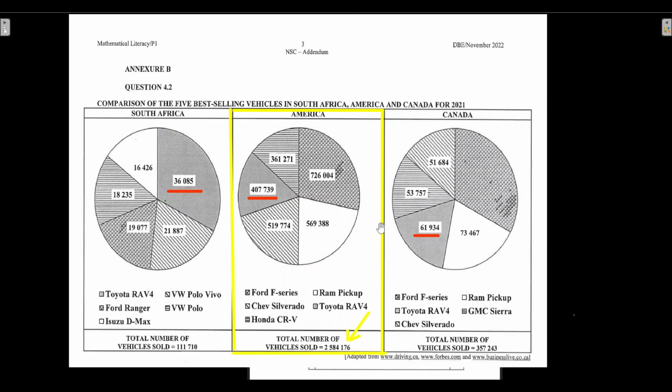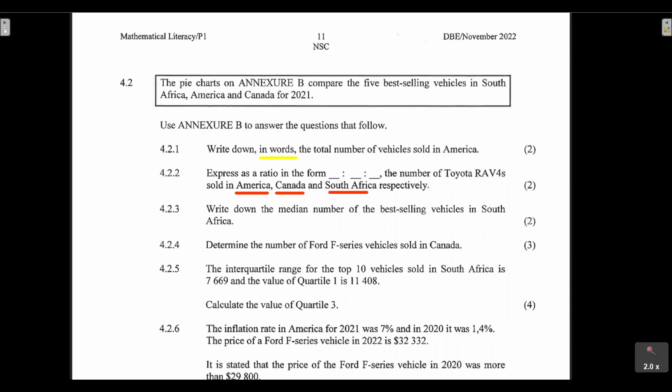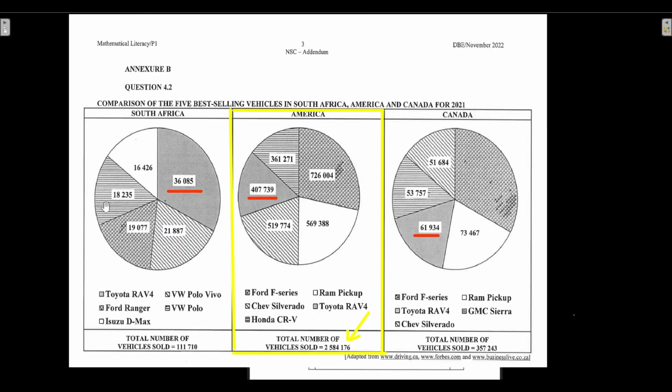In this case, because we want to determine the median number of the best-selling vehicles in South Africa, we're going to be working with the figures given to us here. We want to arrange these figures in ascending order, and then we will be able to determine the median, the value in the middle, of the five best-selling vehicles.